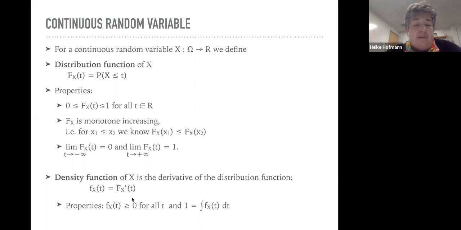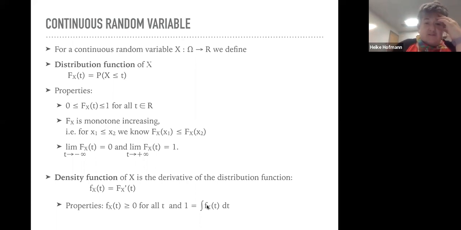And essentially what this means is that because F is monotone increasing, we know that little f is greater than or equal to 0 for every t, because it's just its slope. And what we also know based on this property is that the integral over all t's of this density is going to be 1.